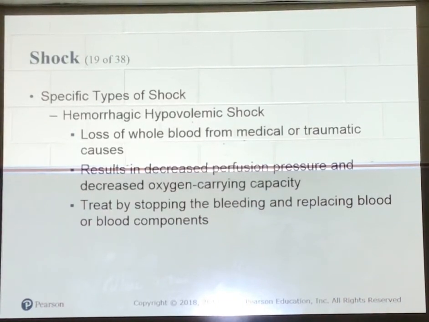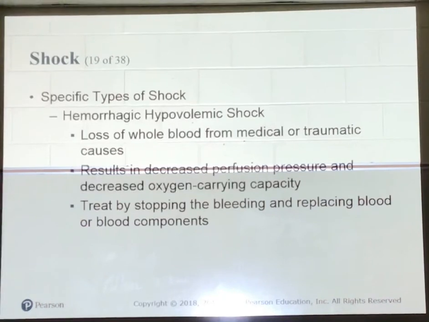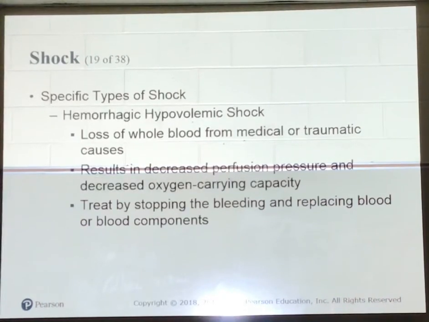Once whole blood is lost, there is not only a decrease in perfusion from a reduction in pressure, but also a decrease in the oxygen-carrying capabilities of the blood from the loss of what? What carries the oxygen in the blood? Hemoglobin. So if I'm bleeding out from my ectopic pregnancy, that blood's not getting where it needs to be, right?